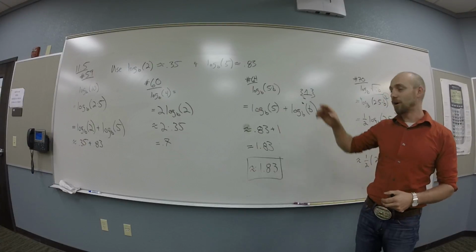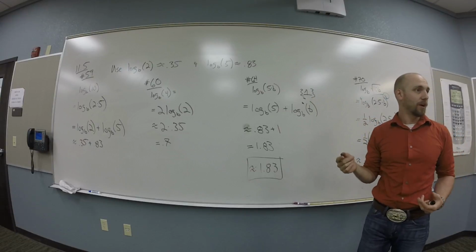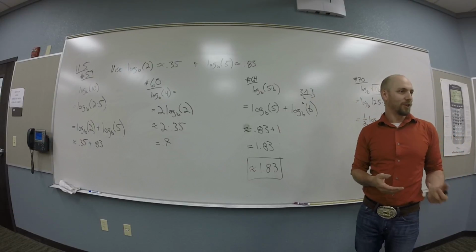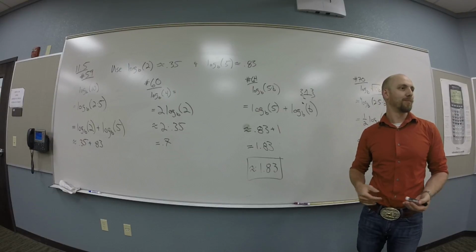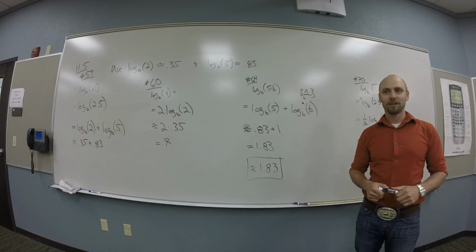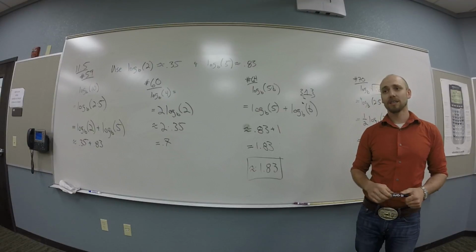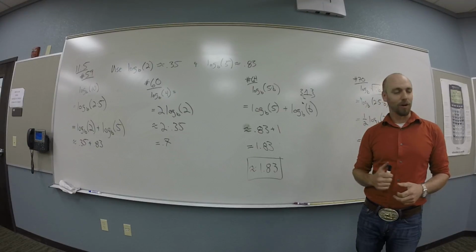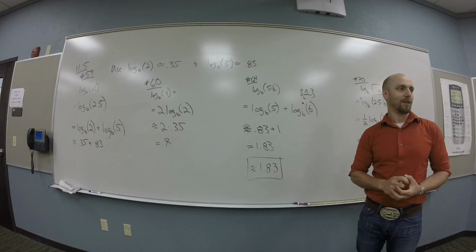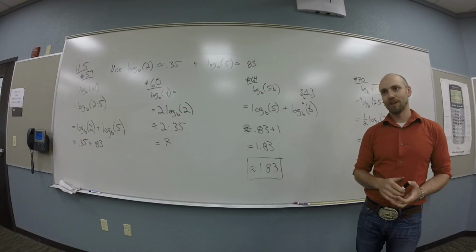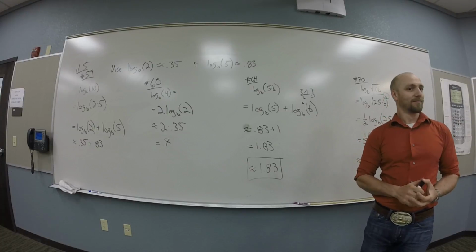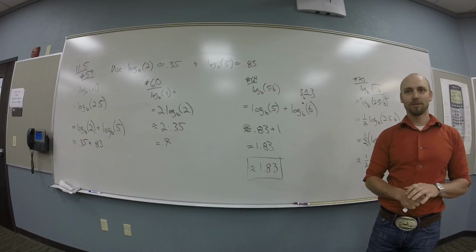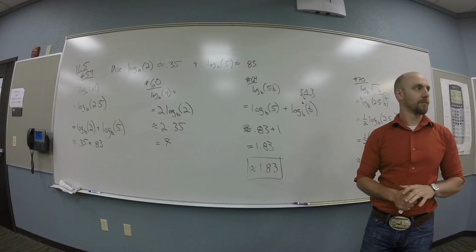If you could look up 1 or 2 in the book and then use those to get the rest, that was a big time saver. These books were really a pain. I tried to find one to bring in, but I haven't been able to get my hands on them. Of course, as soon as calculators were invented, these big log books just went straight under fire. Cool? Questions, things? Okay.